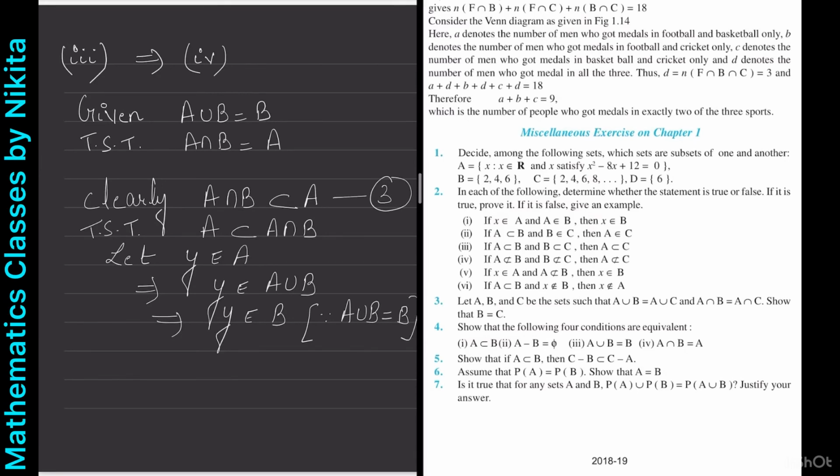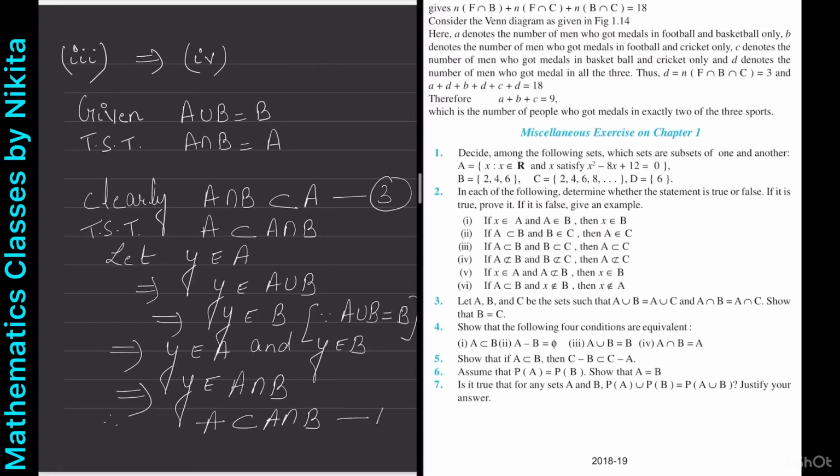So this implies what? That y belongs to a and y belongs to b. क्योंकि हमने y कहाँ पे लिया था? a के अंदर. So y belongs to a और हमने प्रूफ क्या कर दिया? y b के अंदर भी है और बीच में and है, तो y belongs to a intersection b. Okay, so what you get? Therefore a is contained in a intersection b.